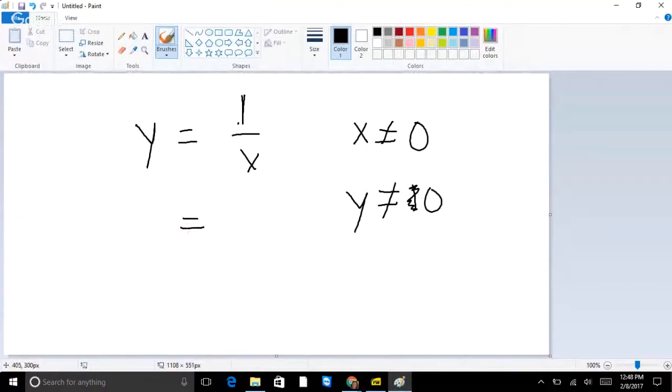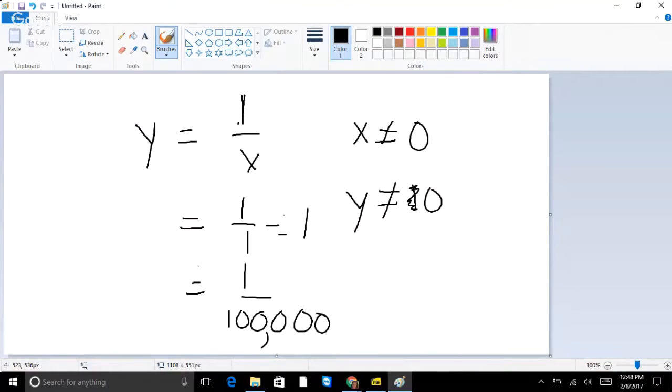Well, think about it. If you have x equals 1, it's going to be 1 over 1, so that's 1. If you have x equals 1 over 100,000, that actually is a number.